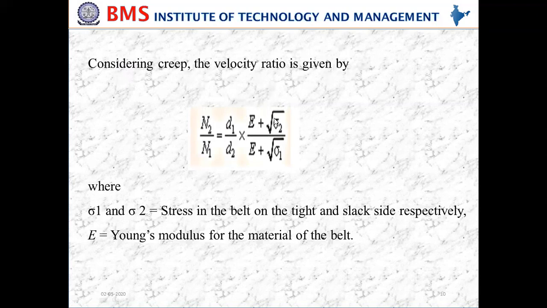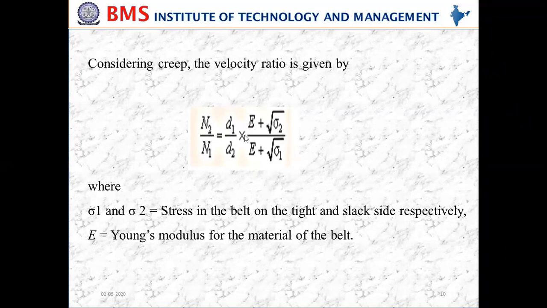This sigma is the stress in the belt on the tight side as well as the slack side. The stress on the tight side is taken as sigma 1, and on the slack side it is taken as sigma 2.